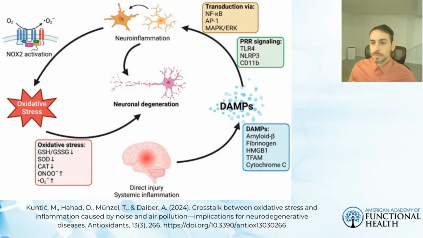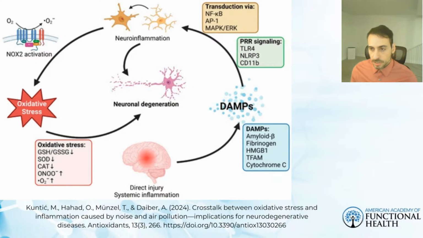So let's start from the bottom. This is where you see direct injury or systemic inflammation, right? Systemic inflammation triggers, and we're going to follow the arrow on the right side, the activation of DAMPs, which are essentially our damage-associated molecular patterns. And some of the examples are amyloid beta and fibrinogen, right?